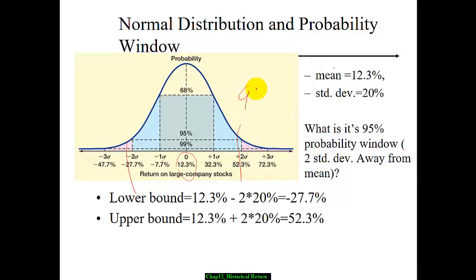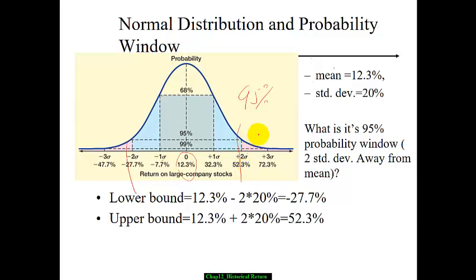It means more than 95% chance, if you invest in the large company stock and the data continues like the past history, your performance most likely will be above negative 27.7% and below 52%. Sounds pretty reasonable, right?